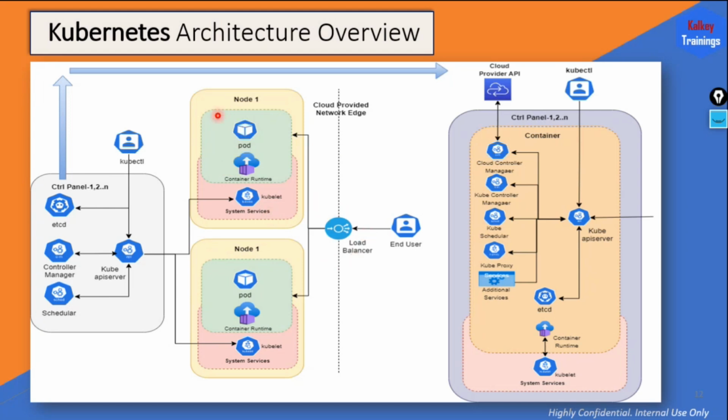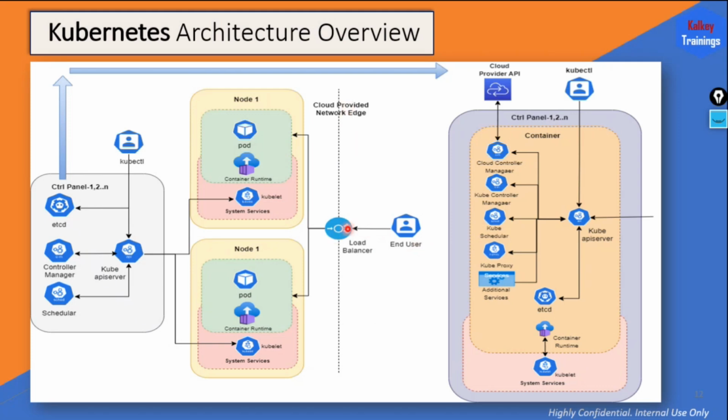And as your applications get popular, there will be lots of users trying to get hold of your applications scattered all over the nodes controlled by the master plane over the Kubernetes cluster. So there could be a need of a load balancer.